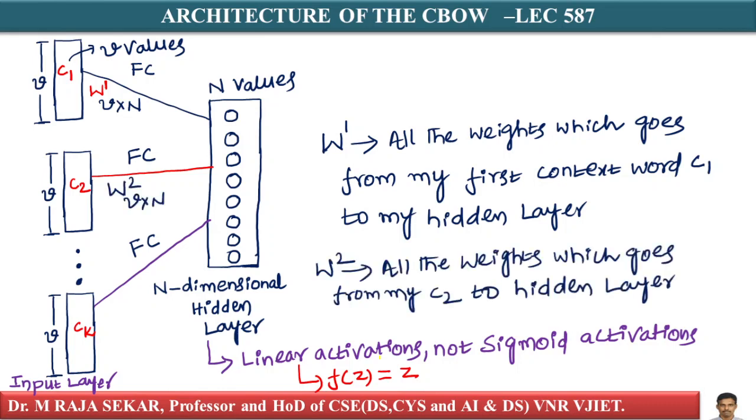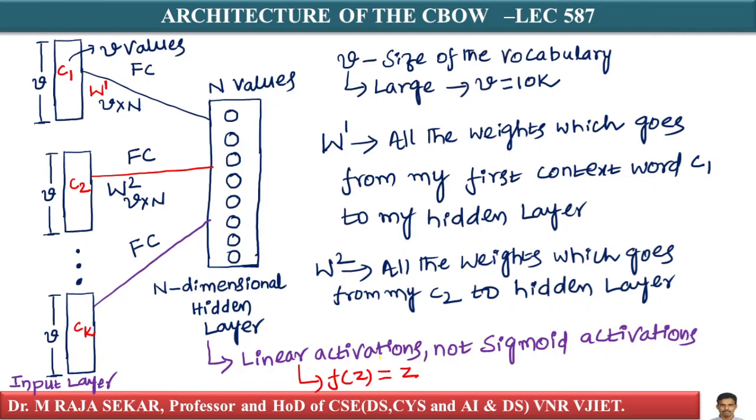My w power 2 again is v cross n. So capital N here is the dimensionality of the hidden layer. Remember, v is the size of the vocabulary. Generally v is very large. How many words can you have?